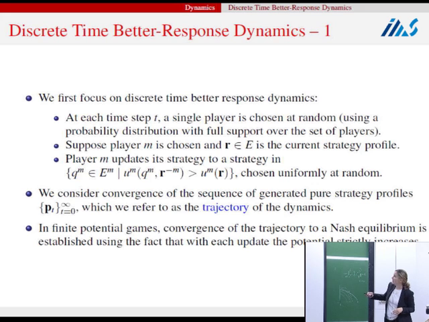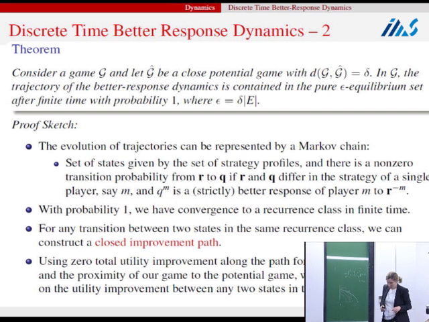So how do we analyze it for near potential games? Our result for near potential games is as follows. Actually, the result is true for general games, but because the size is a function of the distance, it will only make sense for near potential games. Okay? So consider a game G, and let G hat be a close potential game with distance equal to delta.